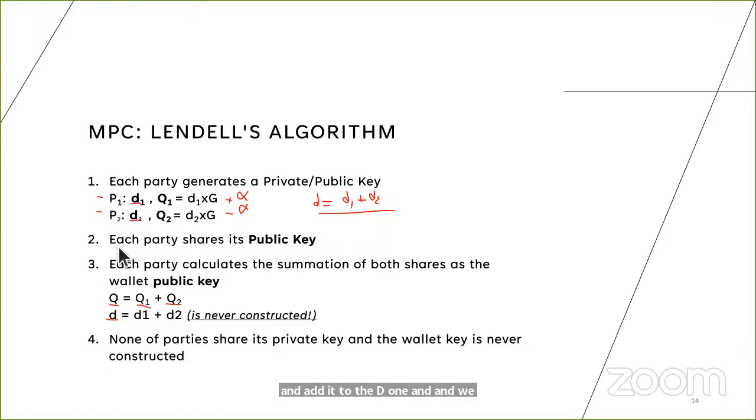So we must refresh each private key such that the wallet keys are still the same as before. We are not going to change the private key, but we definitely change the share of the private key.